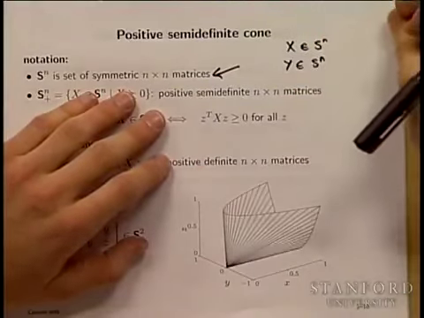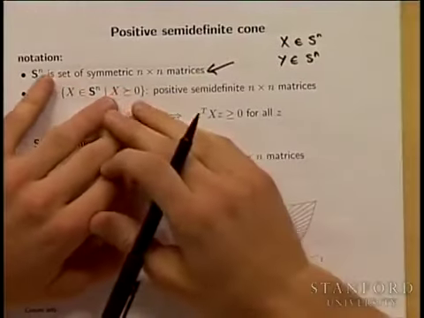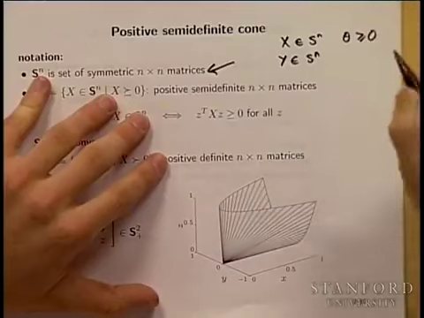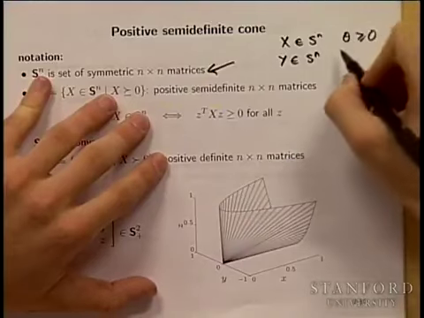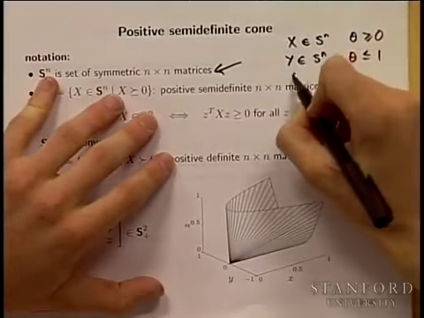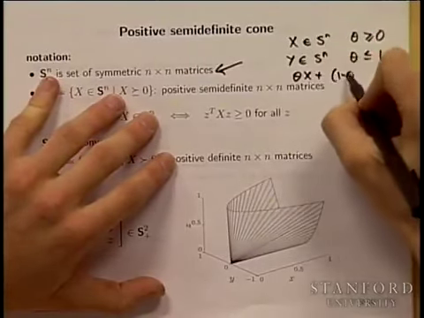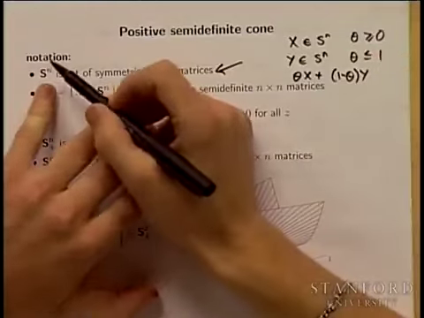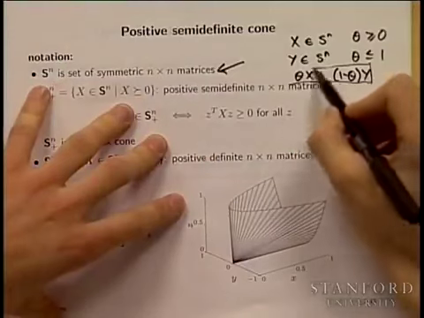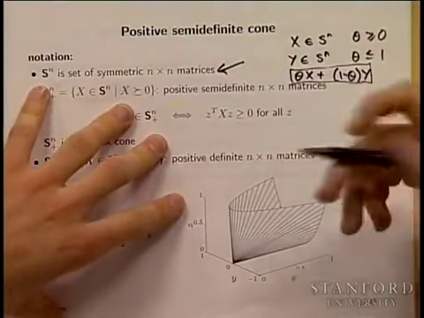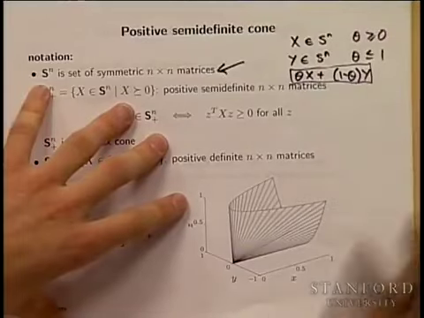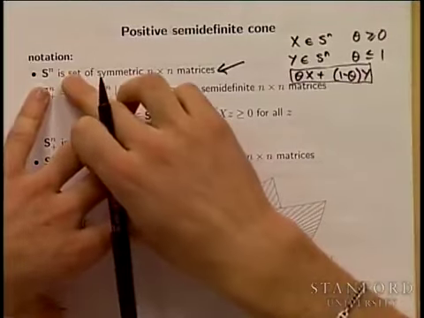Now, our requirement for something to be convex is that if we take a theta which is greater than or equal to 0, and also less than or equal to 1, and we take theta x plus 1 minus theta y, this set of symmetric matrices is convex if each of these things here is also in the set. And is that true for a symmetric matrix? If you take a sum of symmetric matrices, is it still symmetric? Yes, it is. So that means that this is a convex set.